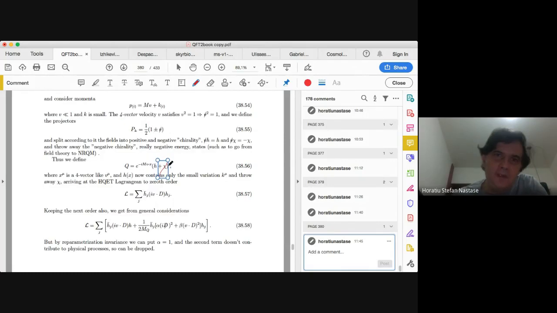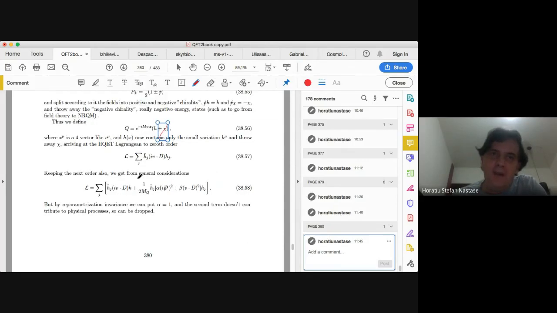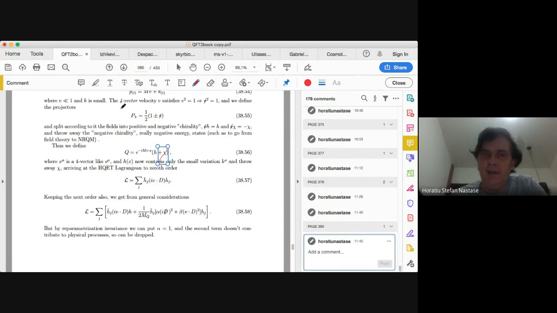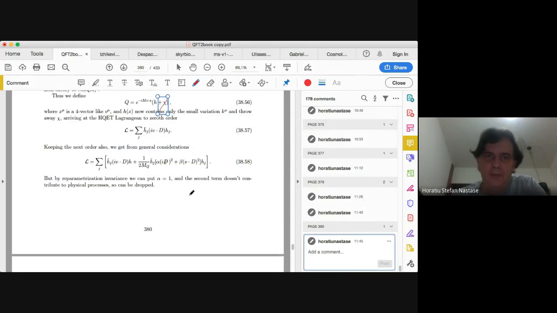But if considering either the reparameterization invariance or the expansion based on the relativistic one, you find that alpha equal to 1. And then the second term doesn't contribute to physical processes and can be dropped.